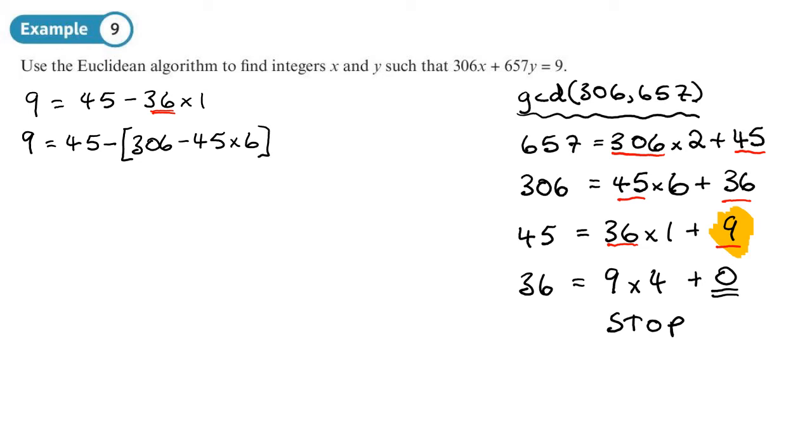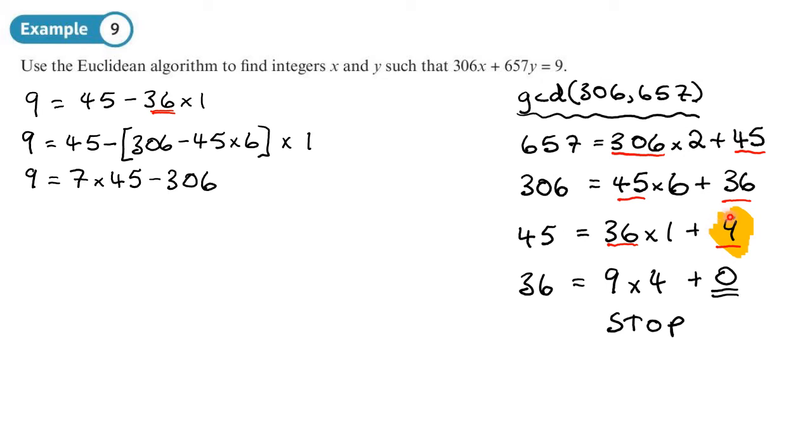Now before we move on, remember to group together any terms. So we've got a 45 here, and then a minus and minus. This is like plus 6 times 45. So in effect, we've got 7 lots of 45, 7 times by 45 minus 306.